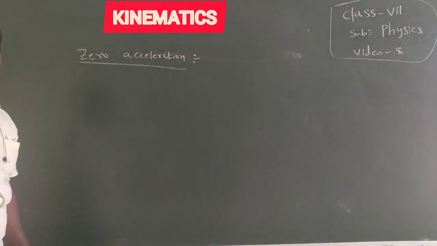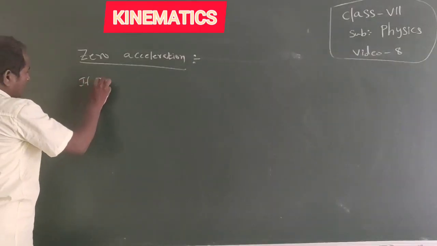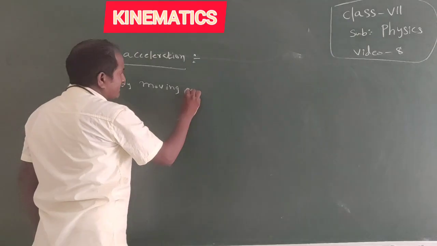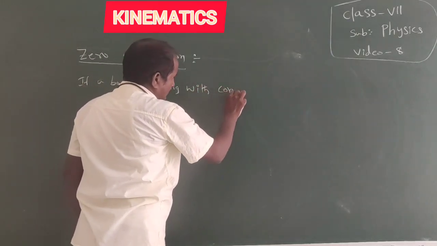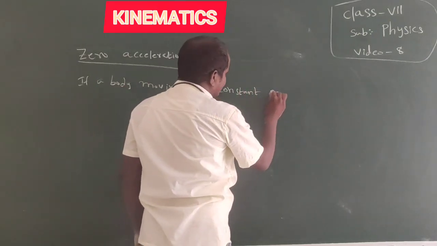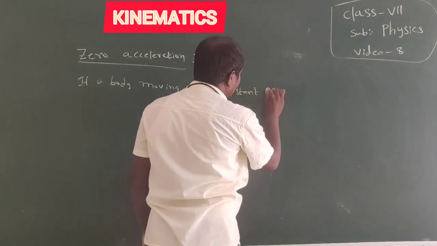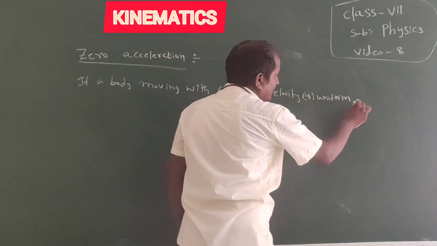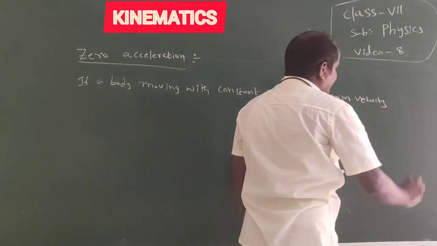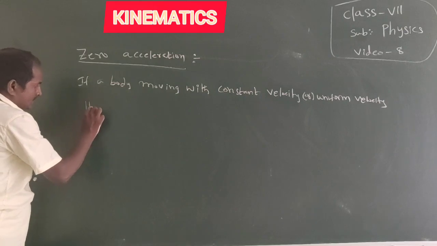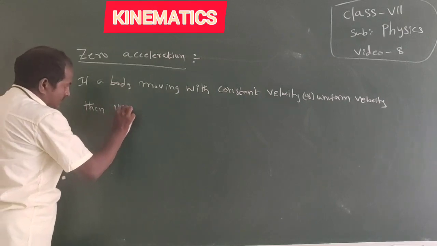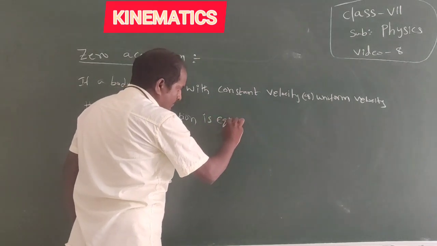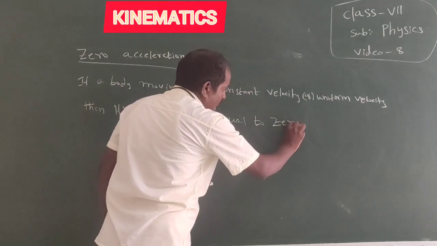Zero acceleration means if a body is moving with a constant or uniform velocity, then its acceleration is equal to 0.